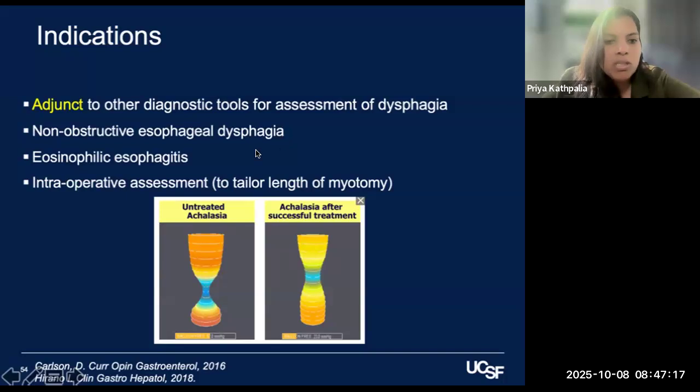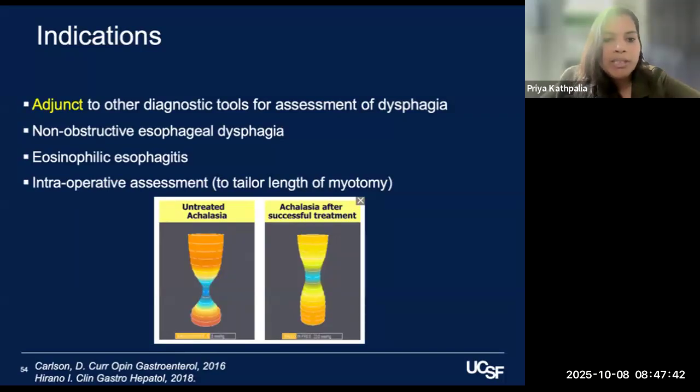It can also be used in patients who have eosinophilic esophagitis if we're looking for subtle strictures or narrowing that we may not appreciate endoscopically because of insufflation. You might be able to pick it up on EndoFlip, and you can do more targeted balloon dilations in these patients as opposed to savary dilations.